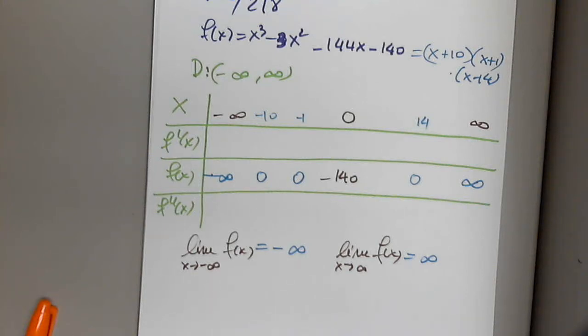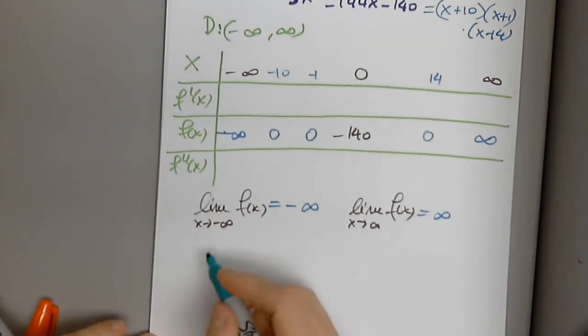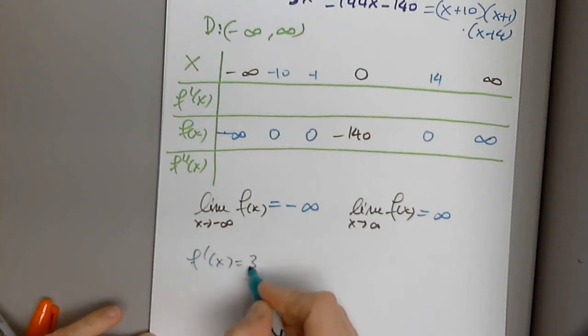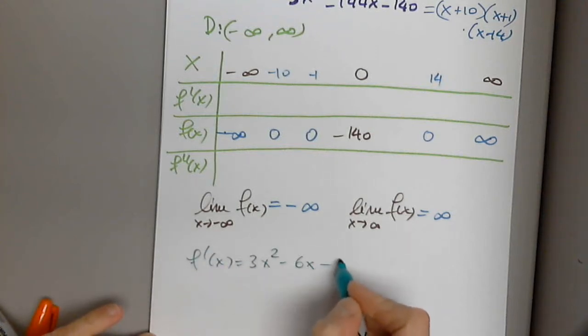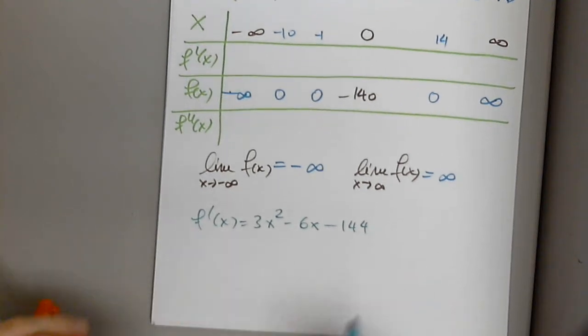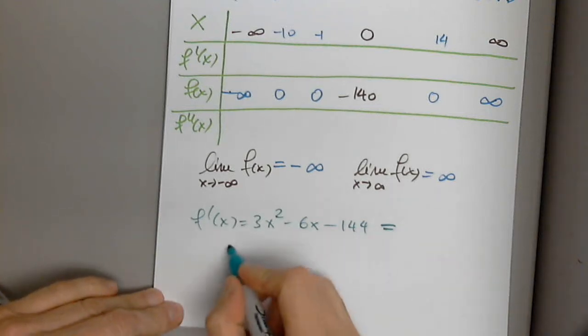Now I move on to the first derivative. So f prime is 3x squared minus 6x minus 144. Well, this is quadratic. I have no problems here. I can set it equal to 0. First of all, I'll divide by 3, or factor out 3 first for everyone to see.